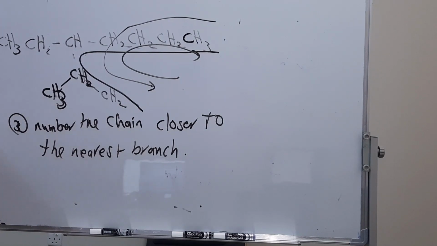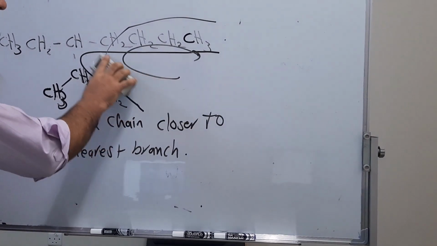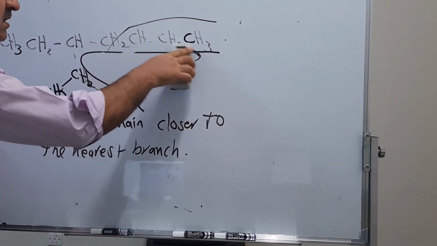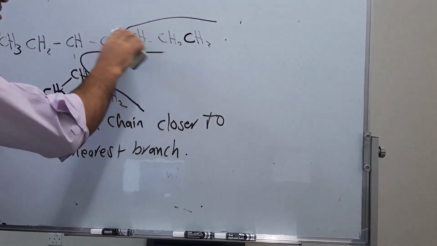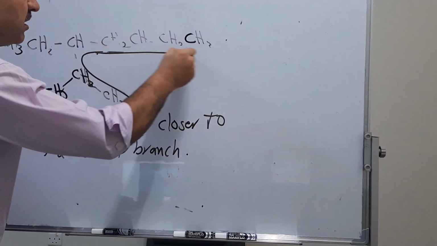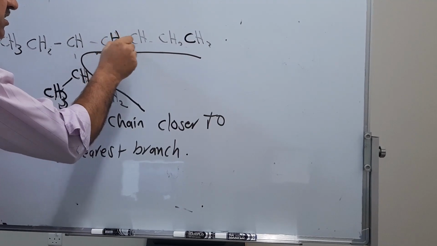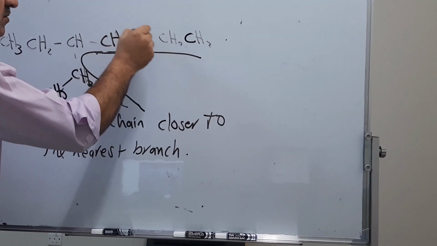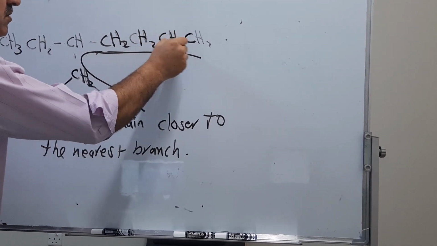There is no other choice. So according to the rule here, we must number the chain closer to what? The nearest branch, or closer to the first branch. CH2, CH2, CH2, CH3.